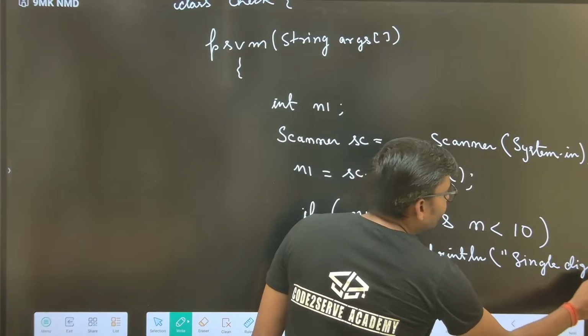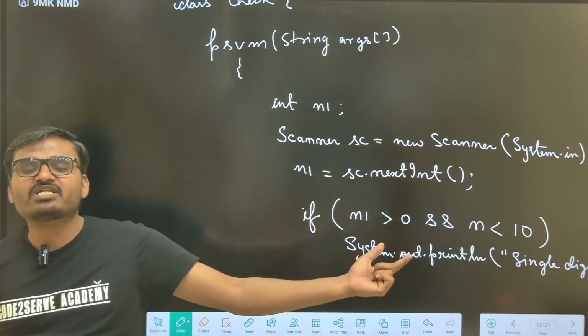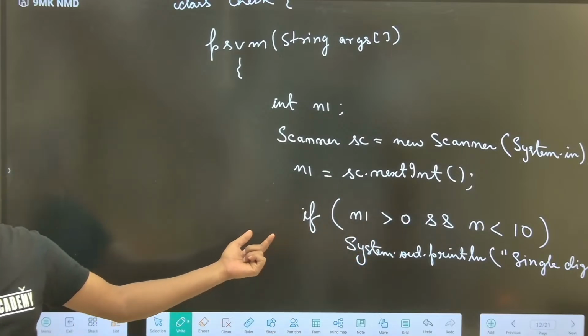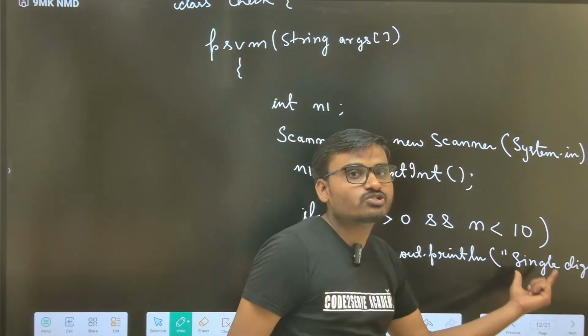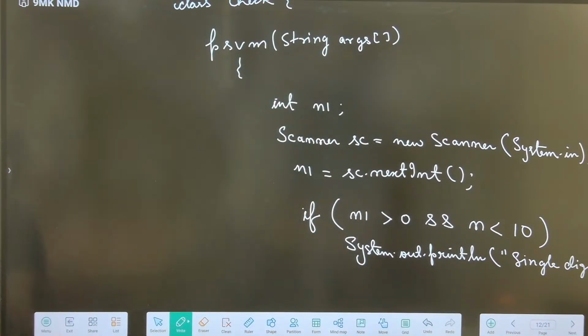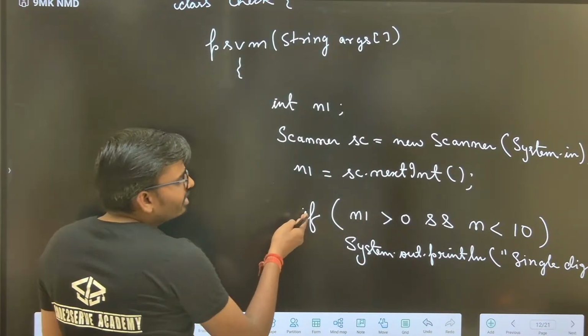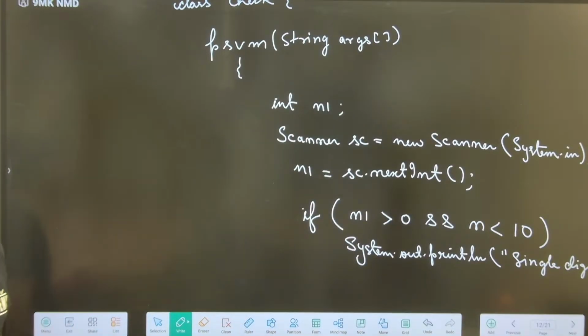So keep in mind, whenever you give an output, some message, that message should always be in double quotes, because this value is in the form of a string. So in case of a string, you have to give it as a double quotation. Next, if this is not true, that means it will go to the else block, that is the false part.